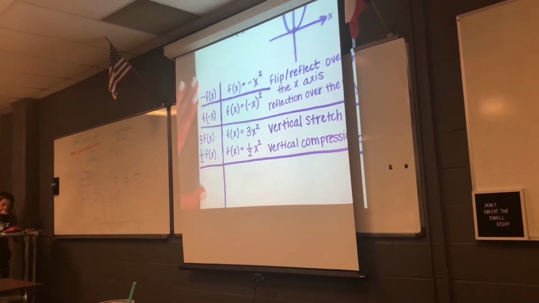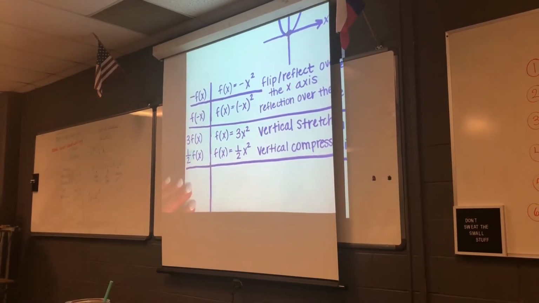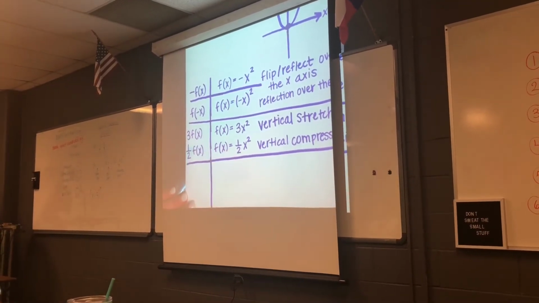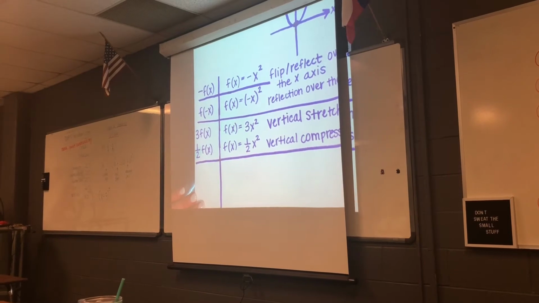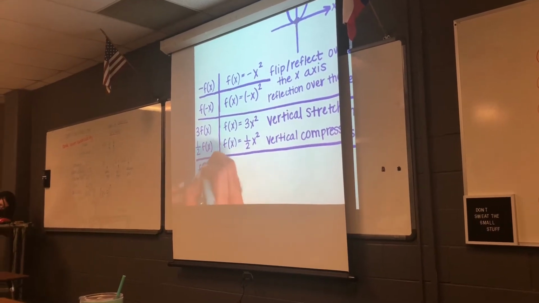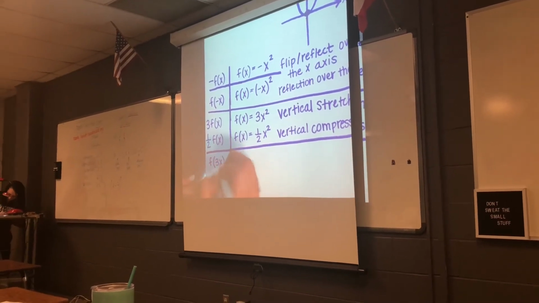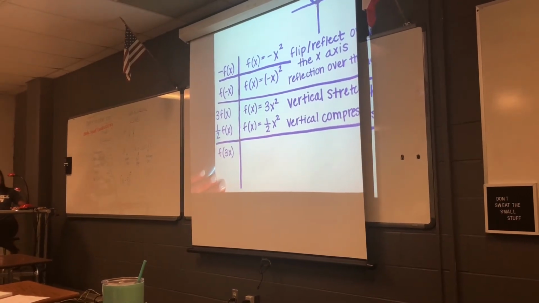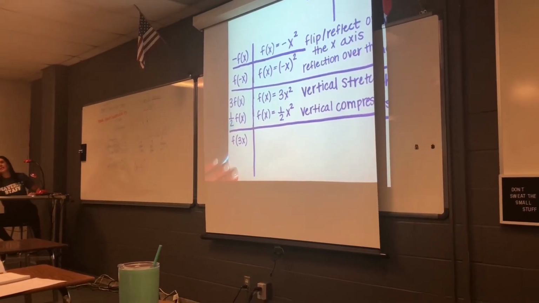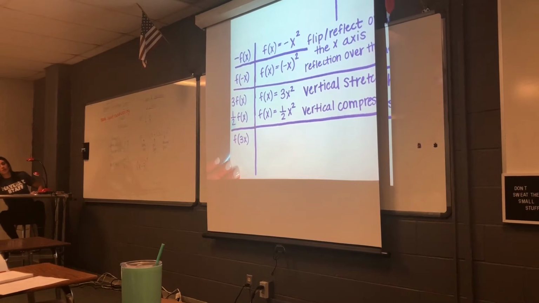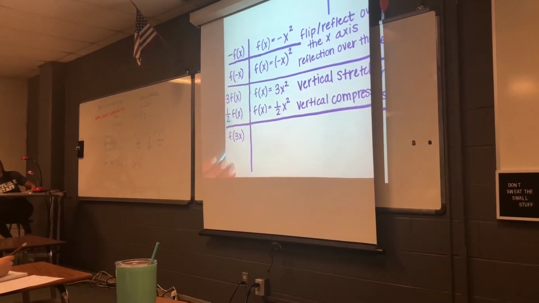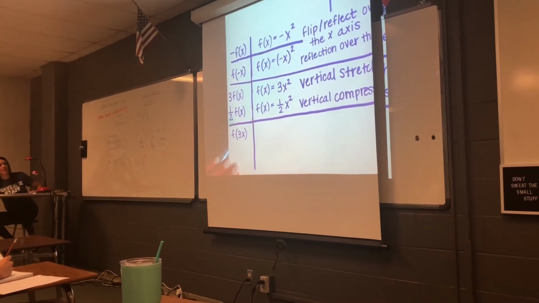All right, so instead of having that number in the very front, you could have it inside with the x. So it's f of 3x. I'm using the same numbers, but showing you that it is now paired up with the x.